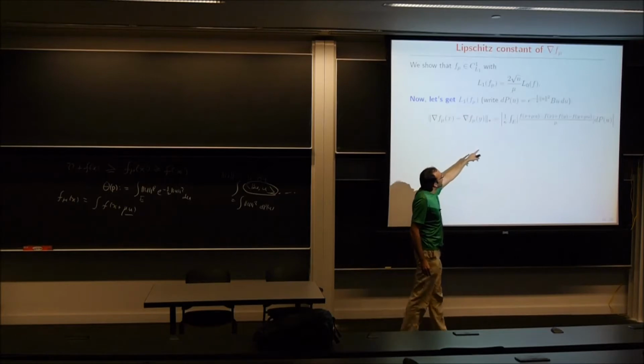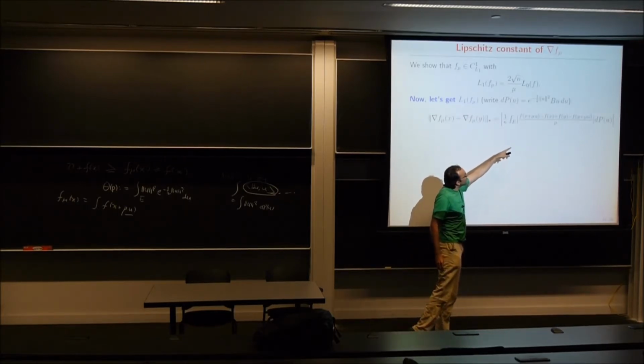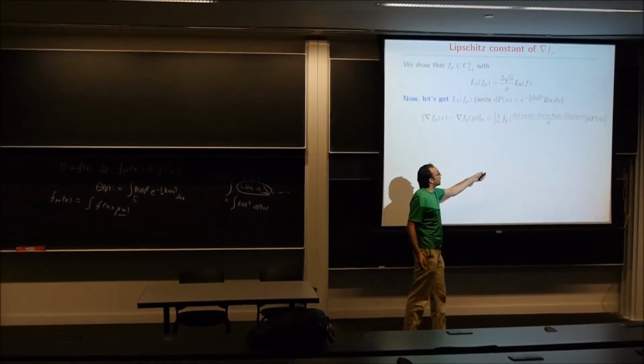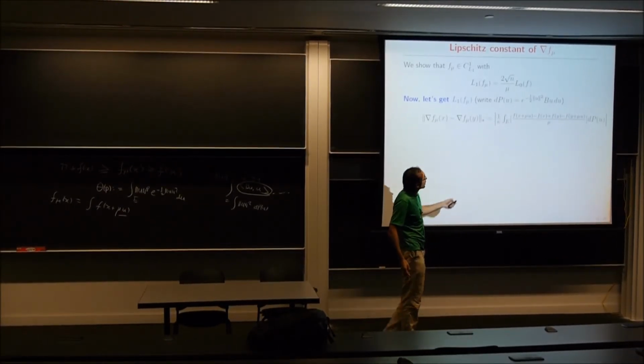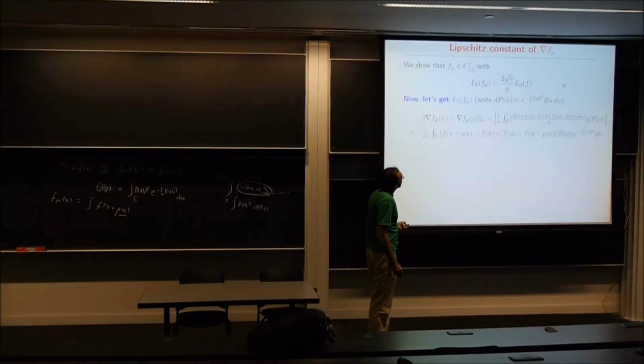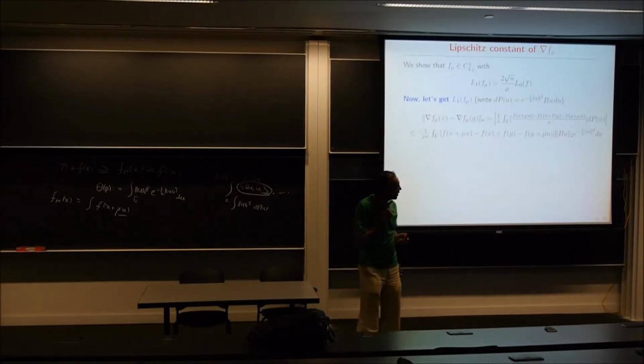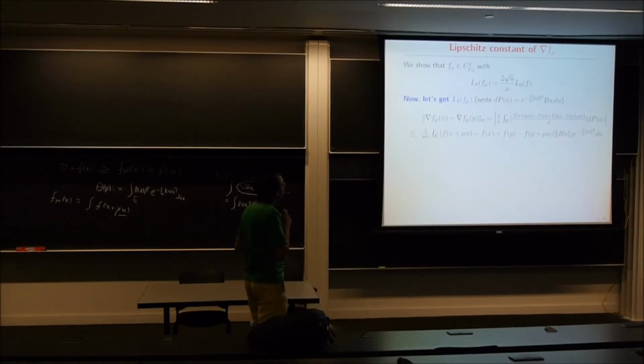Well, we just plug in the stuff that we got on the last slide. I just wrote that because it wasn't otherwise fitting in one line. The dp of mu is just the rest of the Gaussian measure there. So now you just apply the triangle inequality and Cauchy-Schwarz. You get that little thing out. And now you just collect.